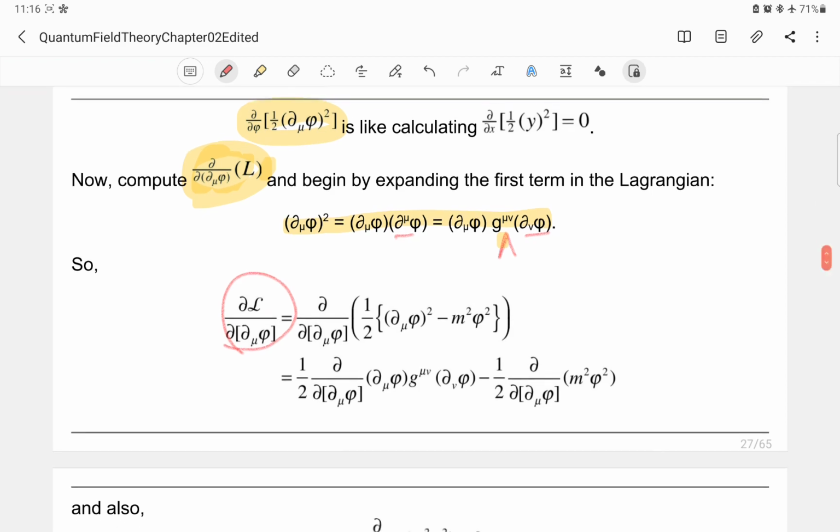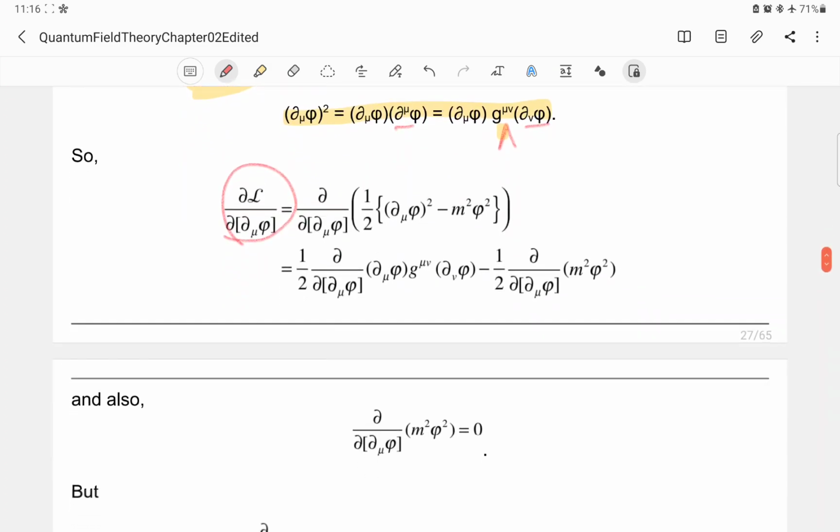So let's take a look. So first, here we have partial differential with respect to partial mu phi, and this is 1/2, and we can write this down as this one here, and then of course this is equal to 0. I mean, it's here.